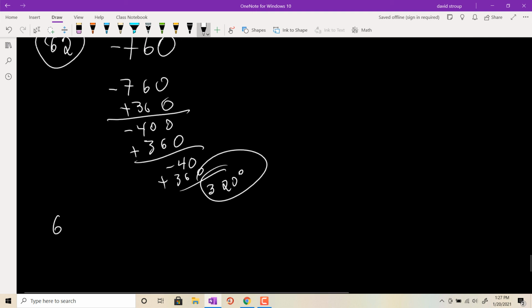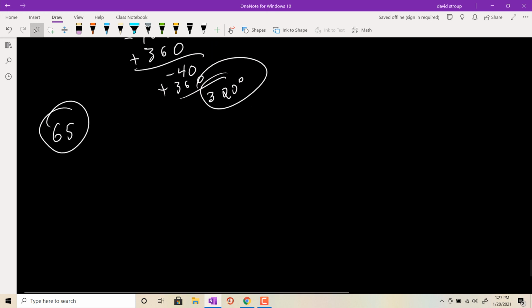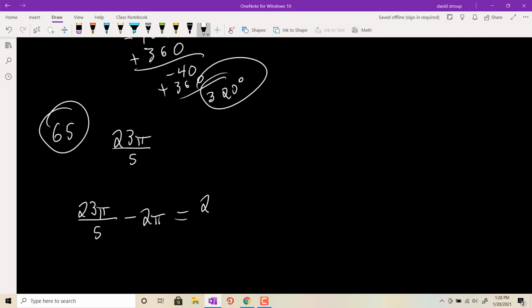Let's try a radian version. This time we need it in between 0 and 2 pi. We're given 23 pi over 5, and we're subtracting away multiples of 2 pi. So minus 2 pi. I need a common denominator, so 23 pi over 5 minus 10 pi over 5 gives me 13 pi over 5. 13 pi over 5 is still greater than 2 pi, right? 10 pi over 5 is equal to 2 pi, and this is more than that.